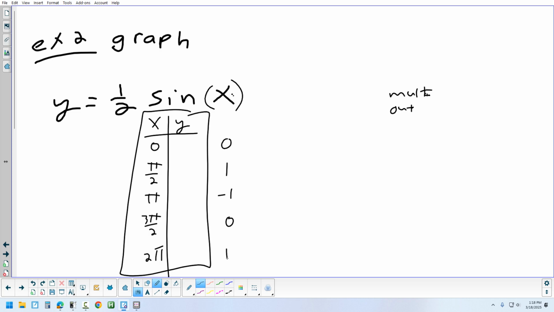Okay. Now we're going to take all the original y values and do what? Times them by 0.5. Yep, times them all by 0.5 or 1/2. Okay, so take half of all your y values.